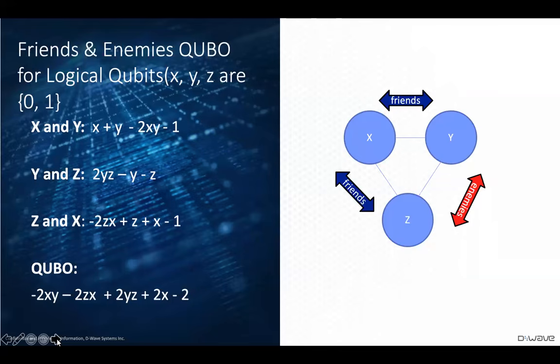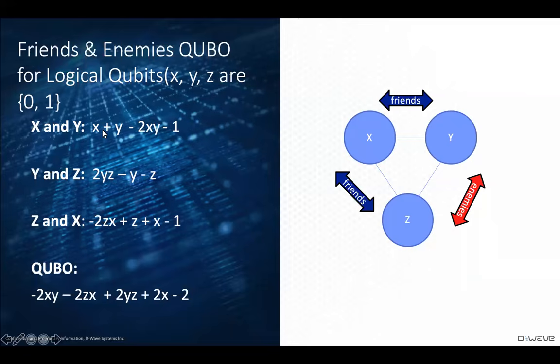The way we do this is we have a QUBO that we have written up for these logical qubits, and the same QUBO can be applied for all 2-qubit pairs if I want them to be the same, and there's a different QUBO if I want them to be opposite. In this case, X and Y have a friend relationship.